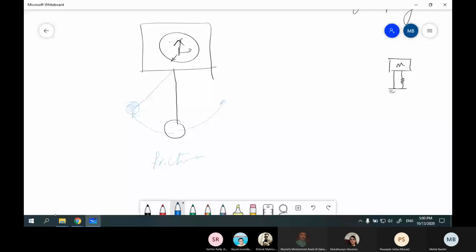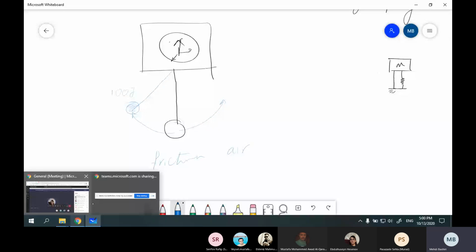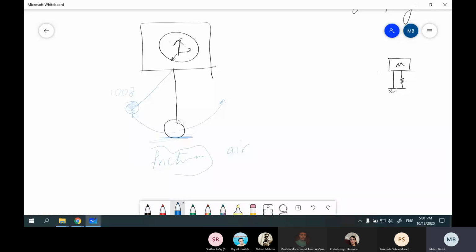This friction damps the energy. So at first you have, for example, 100 joules, but here you have nothing. So here it is not moving anymore. Why? Because its energy damps. As I say, the main reason is friction in this case.